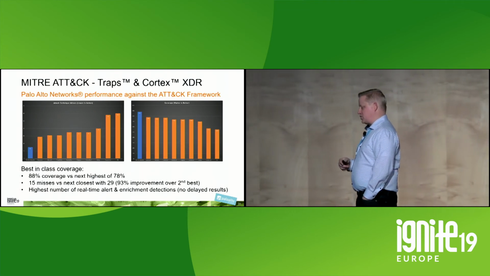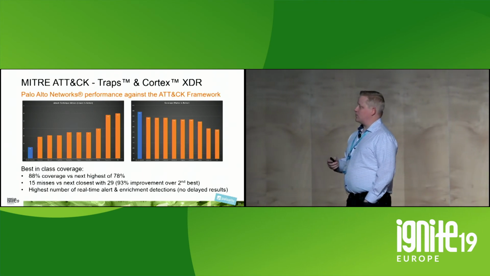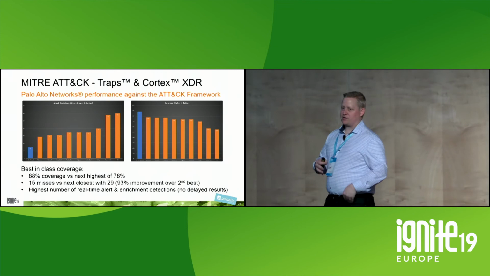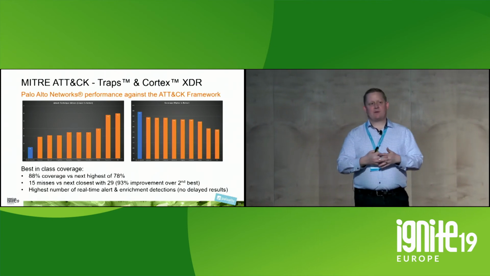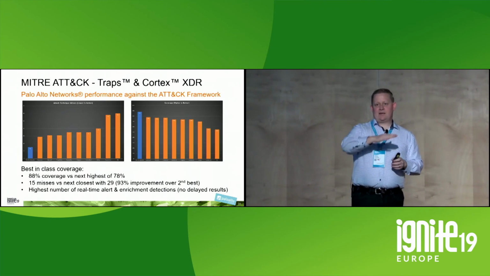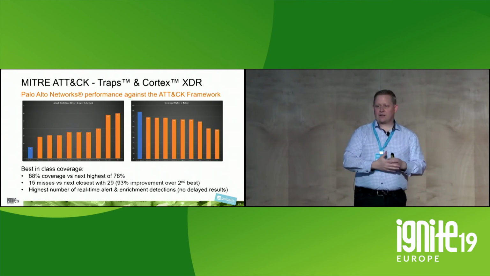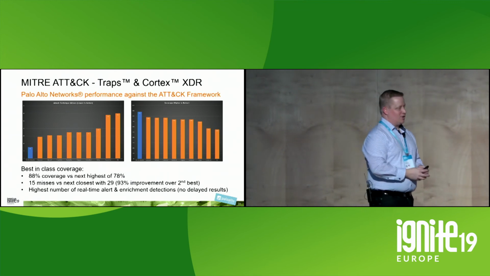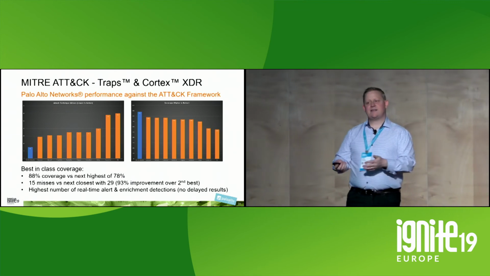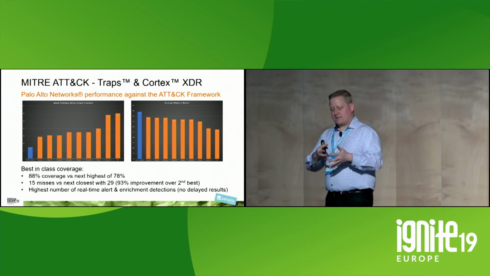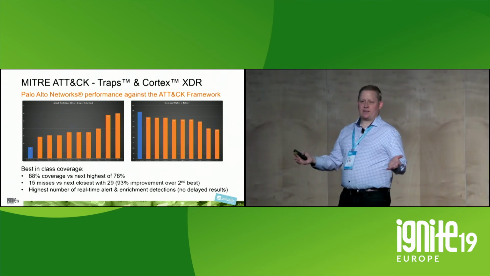There's a good write-up by Josh, if you can get it, where he writes up how each of the different vendors did. And again, I think some of the vendors look really good on paper because their alerts are through the roof, right? They get an alert for every tactic that happened, which isn't necessarily what you want. As an attack starts to build itself out, it's doing legitimate things, right?